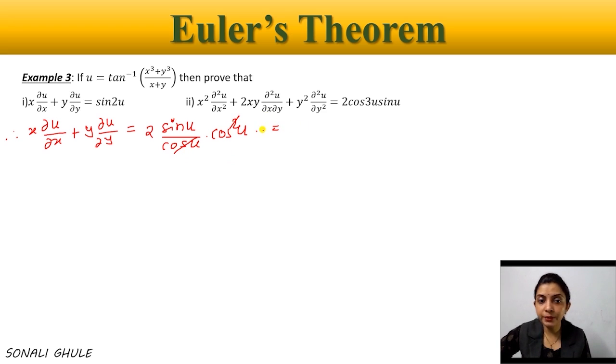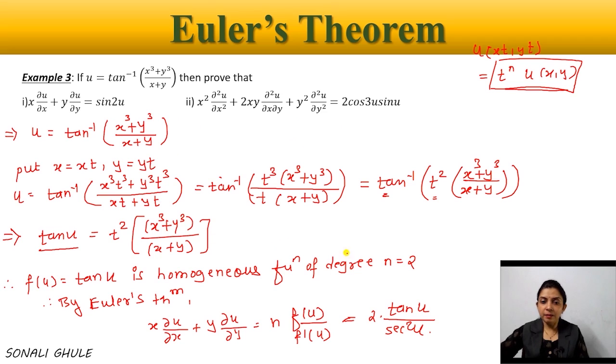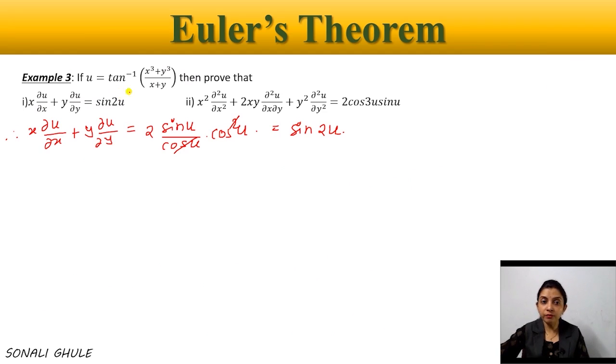So it is 2 sin u cos u, that is the result of sin 2u. Sin 2 theta, I can write 2 sin theta cos theta. I have to use that result here. Okay? Now see here, I can keep my answer till this also. But they have asked me to prove what? First order relation is equal to sin 2u. So I have to do this necessary adjustment there to find the required proof.